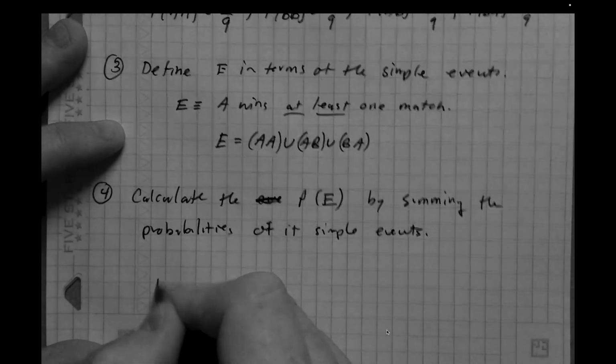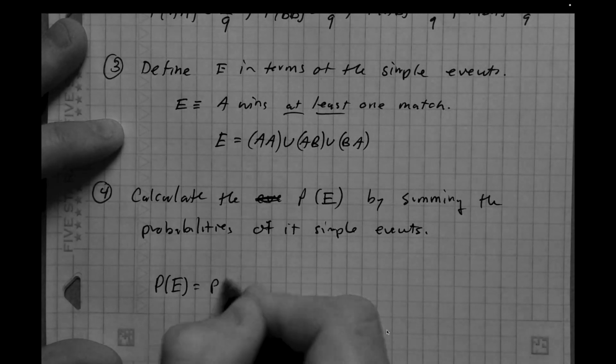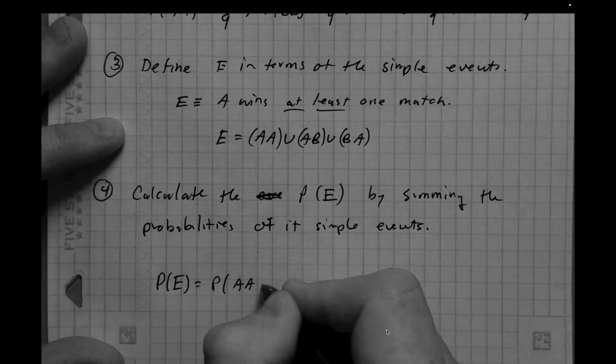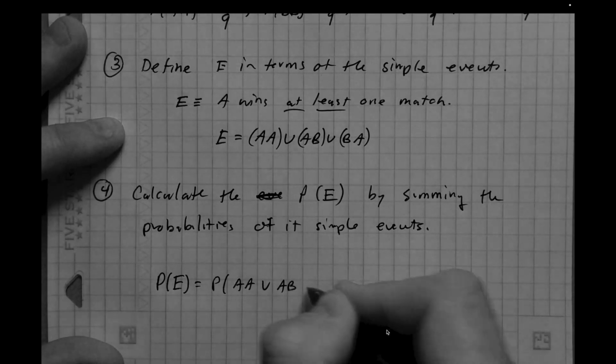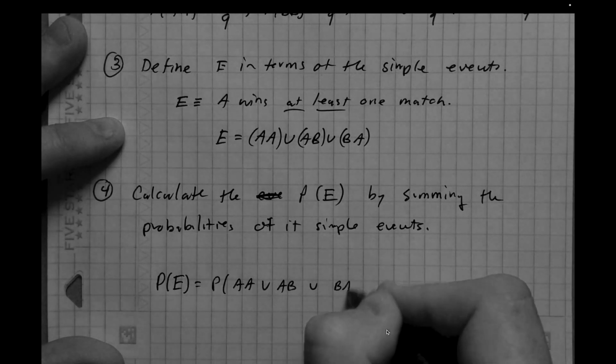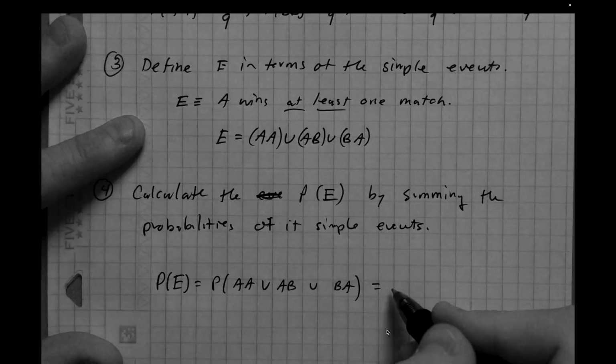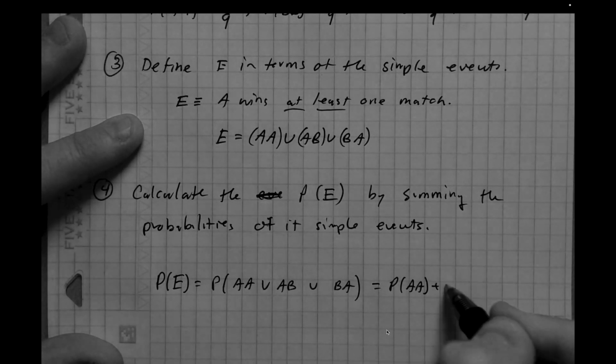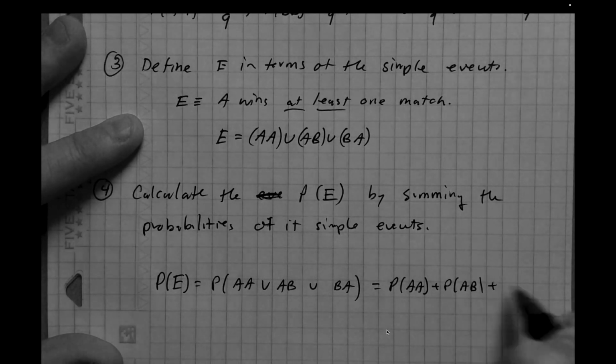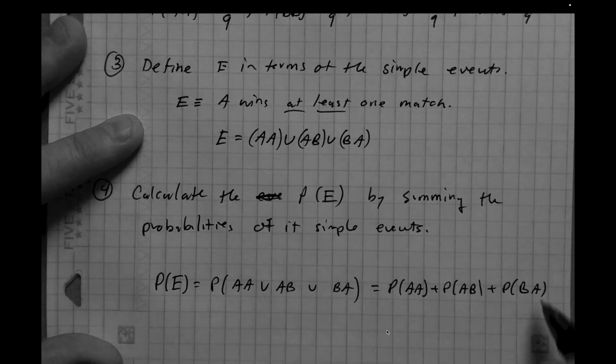Okay, so the probability of E equals the probability of AA or AB or BA, and that's equal to the probability of AA plus the probability of AB plus the probability of BA.